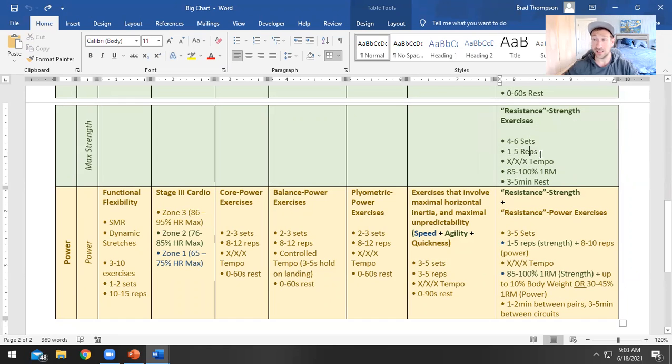So, pretty intense stuff for the max strength phase. And then in the power level, we do a blend of the high force and high velocity concepts here, right? We've got 1 to 5 reps for our strength movement and 8 to 10 reps for the power movements, depending on how you're applying it.